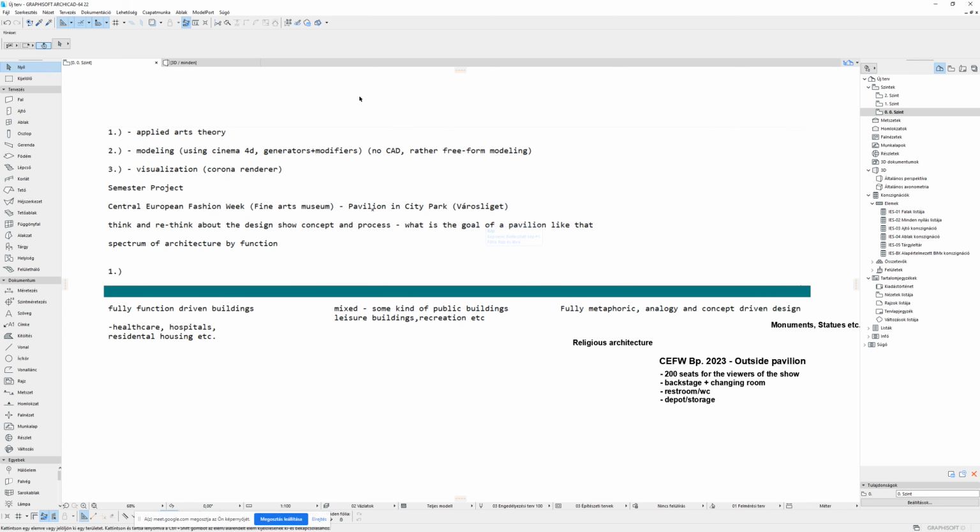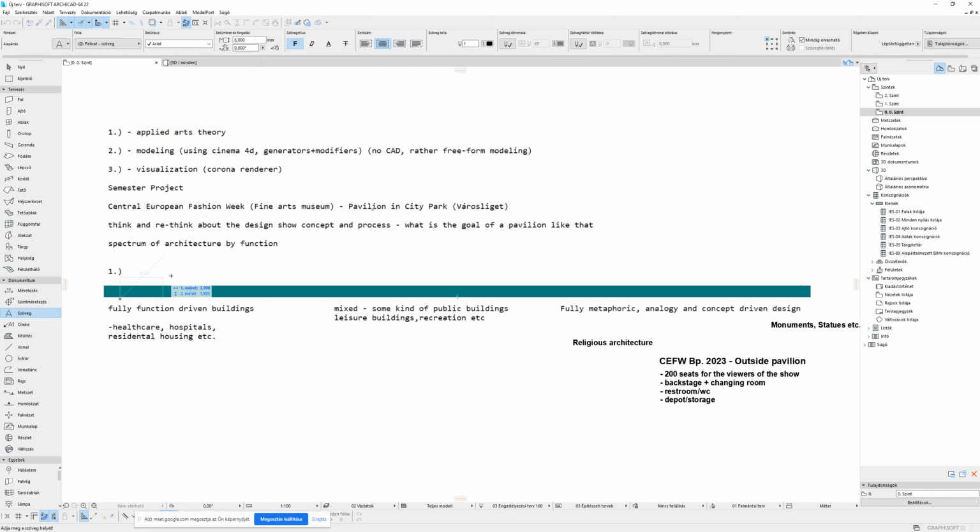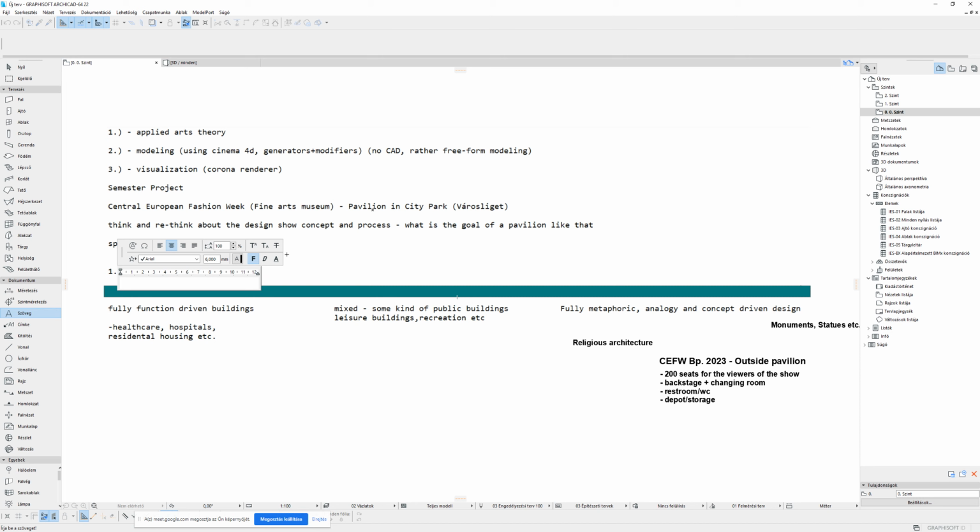What I could write here is the following. Form adapts to the building function, right?